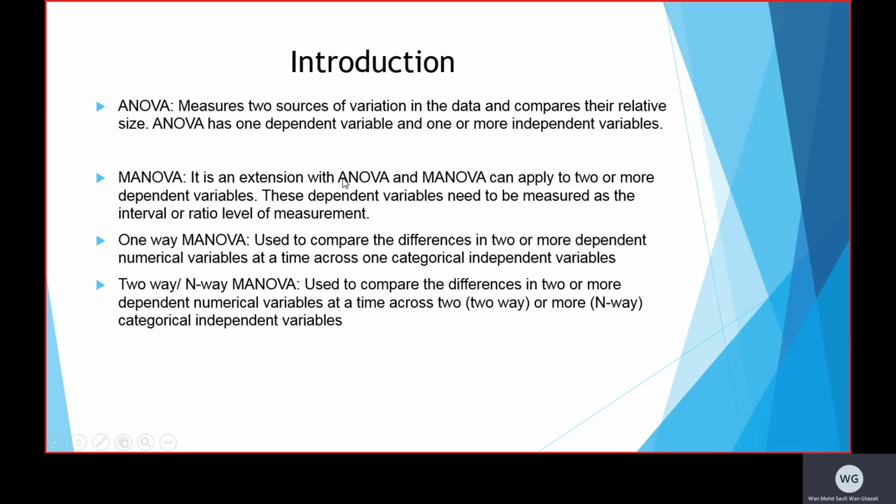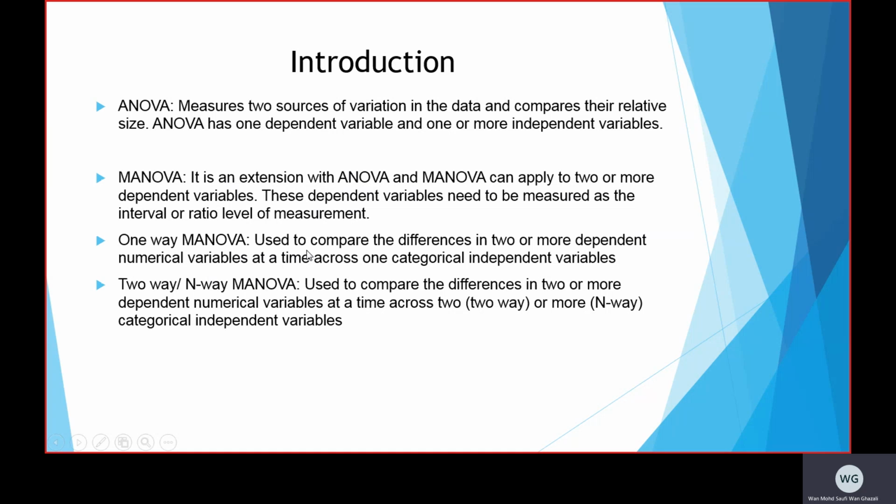What is the difference between MANOVA and ANOVA? MANOVA has two or more dependent variables, as compared to ANOVA, which has only one dependent variable. So there are two types of MANOVA: one-way MANOVA and two-way or n-way MANOVA.